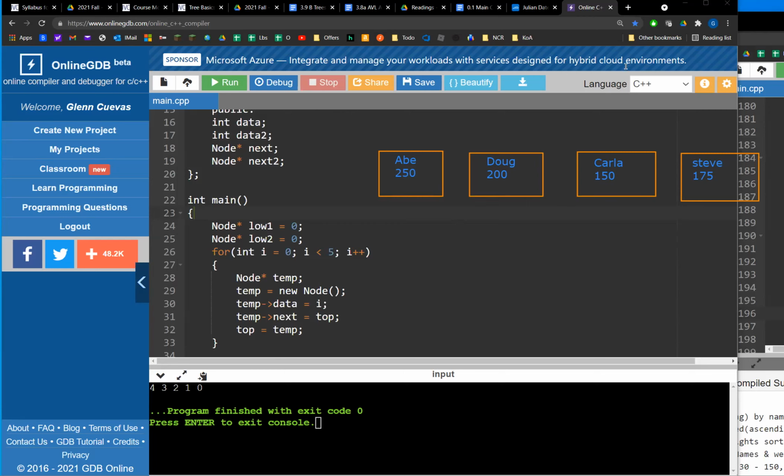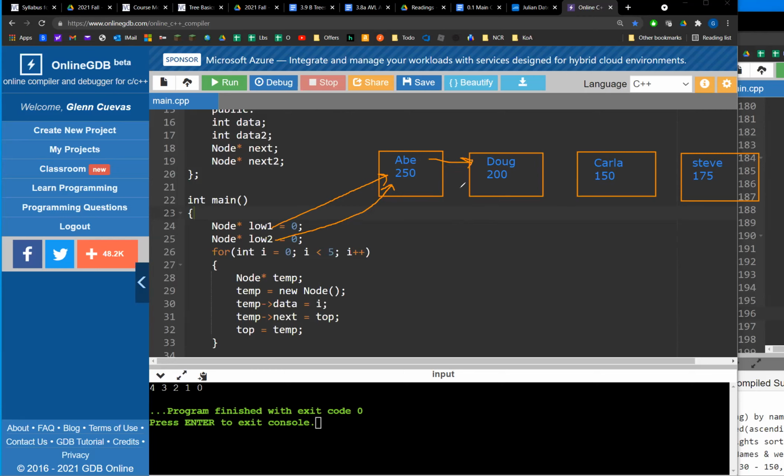So initially, Abe, being our first data point, comes along. It's the lowest name and it's the lowest weight. Doug comes along.